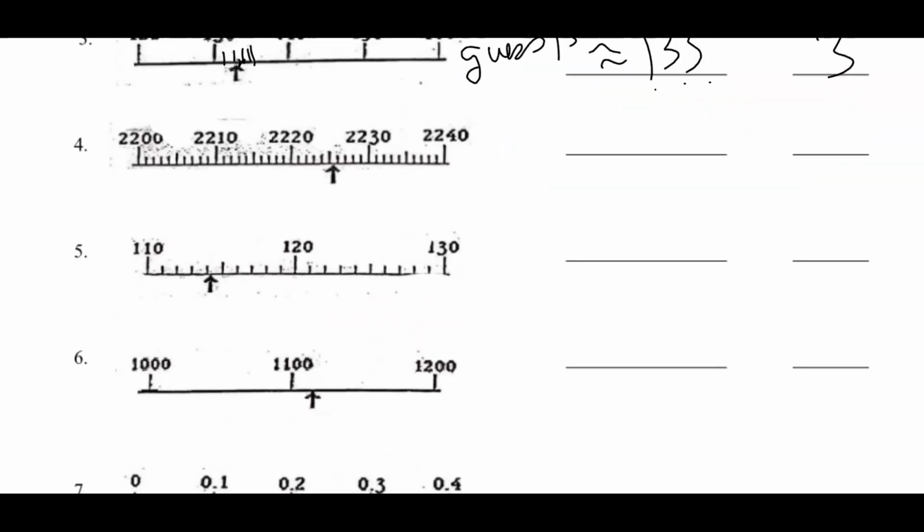Now, how about this next one? We can read the thousands, the hundreds, the tens. This one, we're also going to be guessing the ones. Okay, so 20, 30, here's the 5. We're between the 5 and the 6. Oh, and that was dumb. You can read the ones here, can't you? Here's 2, 2, 2, 1, 2, 3, 4, 5, 6.